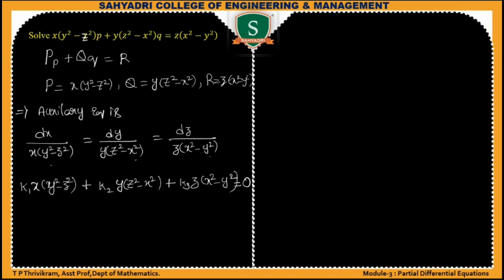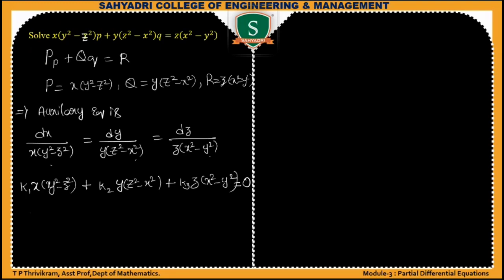You can select numbers or letters. K1 equal to x, K2 equal to y, K3 equal to z. x, y and z. Okay, let us see.